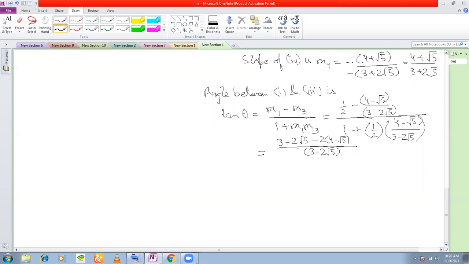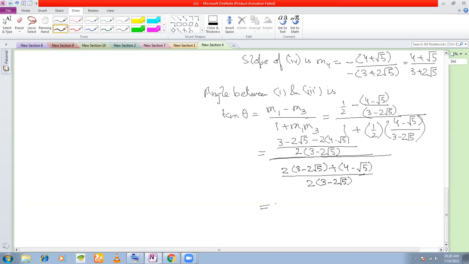You take the LCM in the numerator and you take the LCM in the denominator also. This will be again twice 3 minus 2 root 5. So you get twice 3 minus 2 root 5 plus 4 minus root 5.